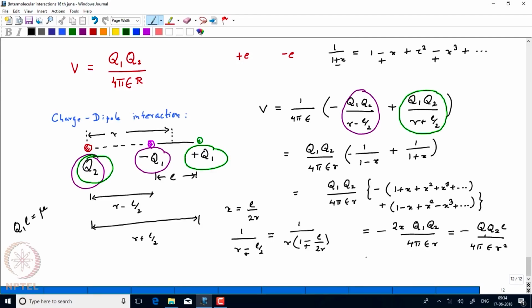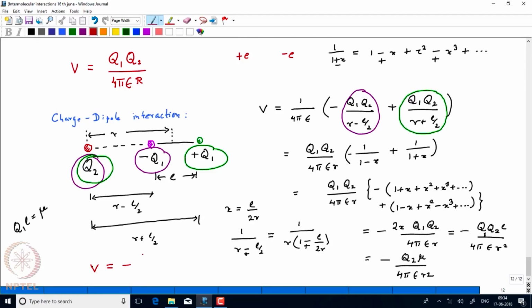So this term will be nothing but minus Q2 into mu divided by 4 pi epsilon r square. So we can just write the final expression. So what we got for the dipole with a charge interaction is that the interaction potential is minus, we can just rewrite it.